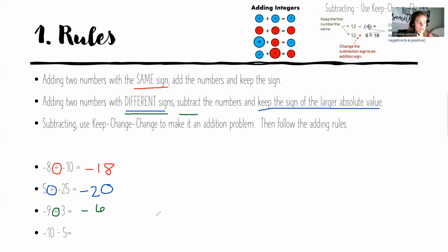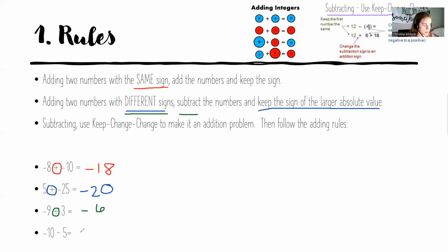All right, let's try our final example here on this page using the strategy of following the rules. -10 minus 5. We have our first subtraction problem. So because it's subtraction, I need to use keep, change, change to turn it into an addition problem.